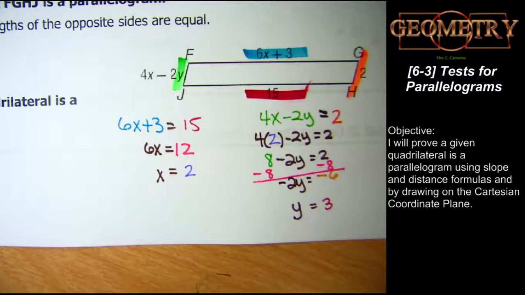Okay. Thank you. Great question. What this means is in order for this thing to be a parallelogram, x has to be 2 and y has to be 3. And if there are any other values, this thing's not a parallelogram. It's something else. And if you want a parallelogram, you're not going to accept anything else.